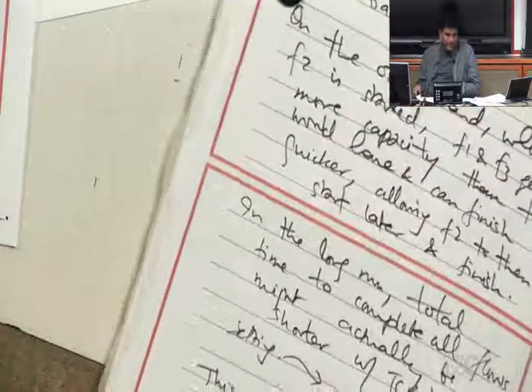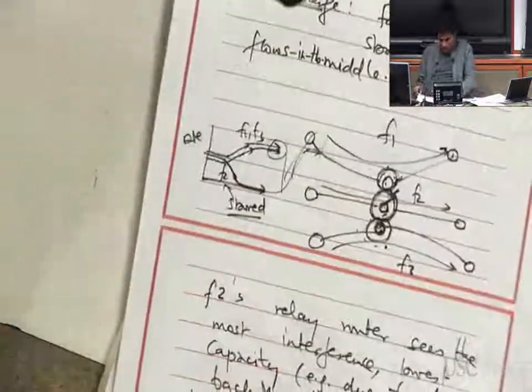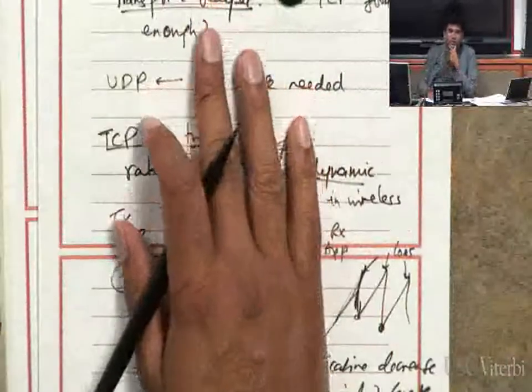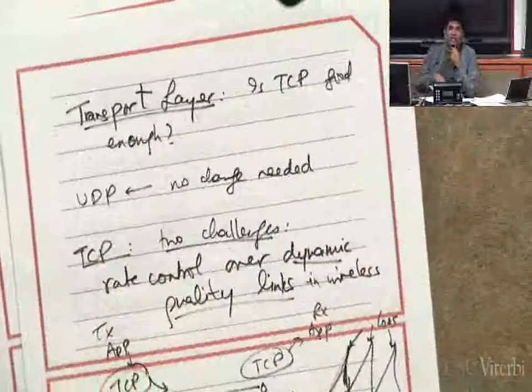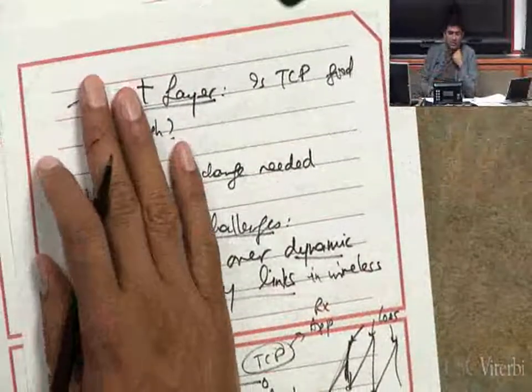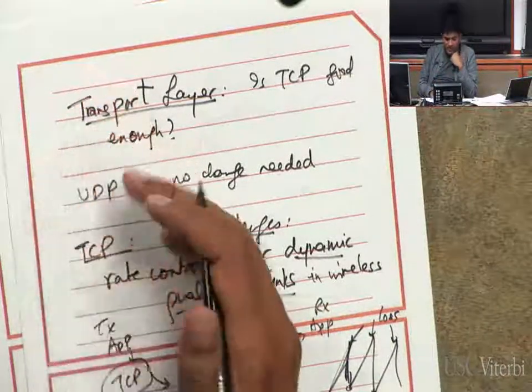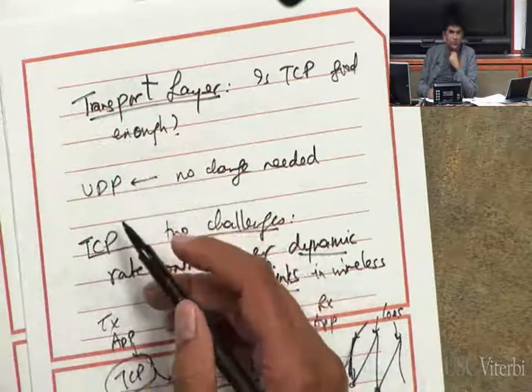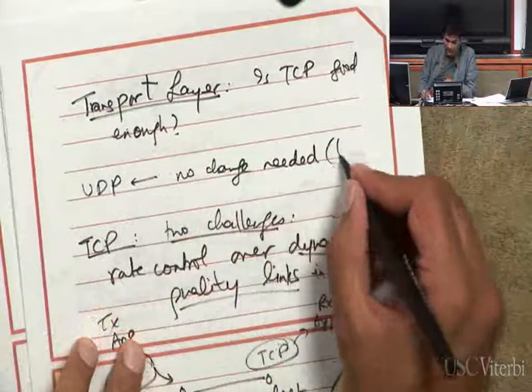But really the takeaway lesson is the following. At the network layer, we had to completely rethink how to design the wireless systems. And at the transport layer, you don't have to rethink what you do for UDP because it's best effort anyway.